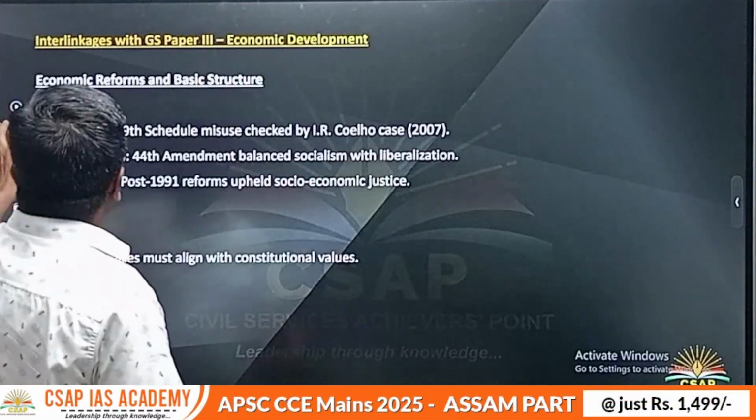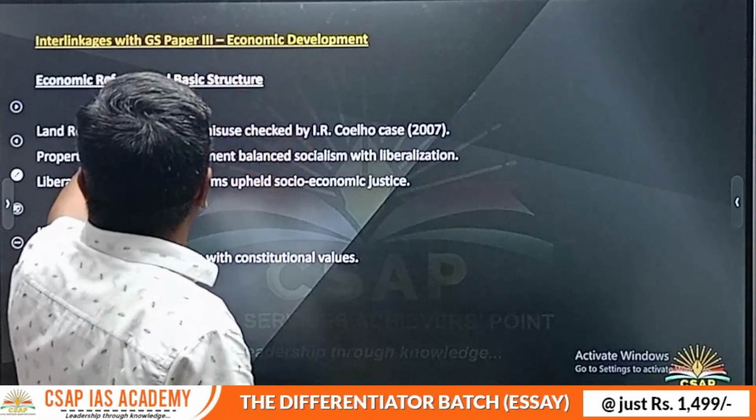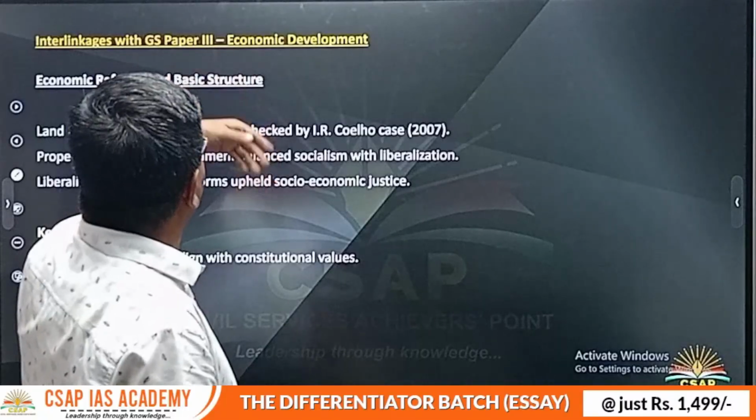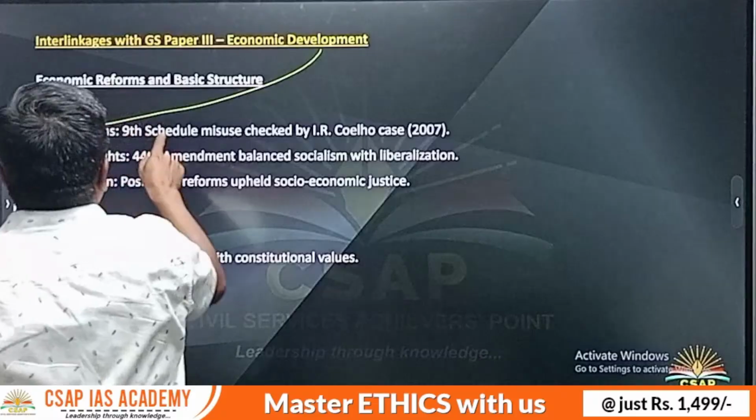So I think we don't have much time, so let us understand the linkages with paper 3, where economic development, let's say, is the topic, or even land reform, for example.